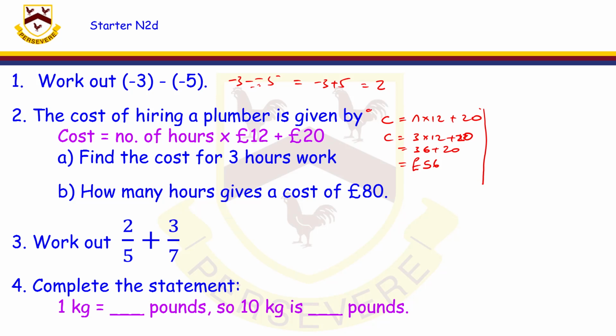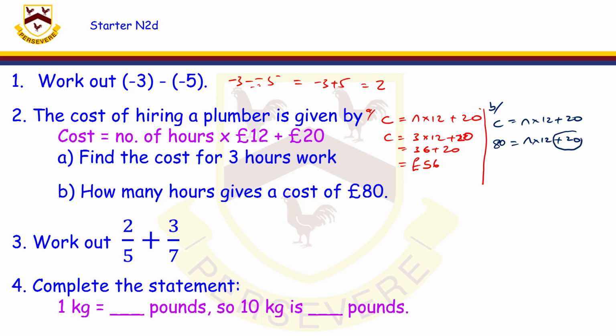That's part A. Part B, we need to find out how many hours cost £80. So for part B, we've got C is equal to, same formula, n times 12 plus 20, but the cost this time is 80. So 80 is equal to n times 12 plus 20.